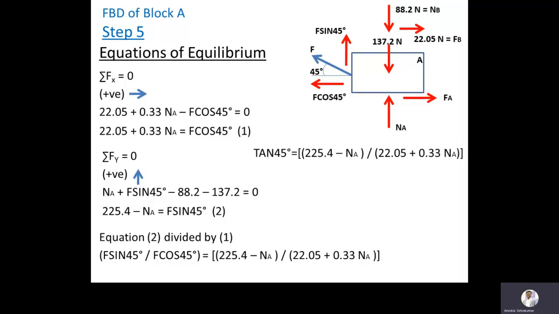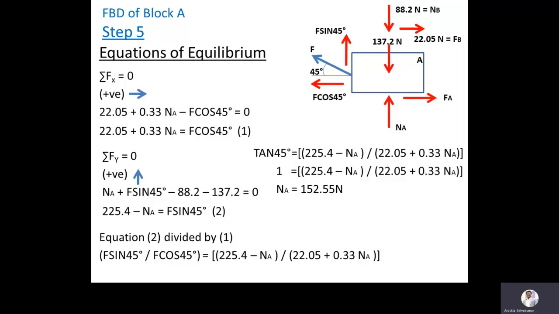So tan 45 is equal to 225.4 minus NA by 22.05 plus 0.33 NA. Tan 45 is 1, and then we can substitute and calculate the value of normal reaction at block A is equal to 152.55 Newton.